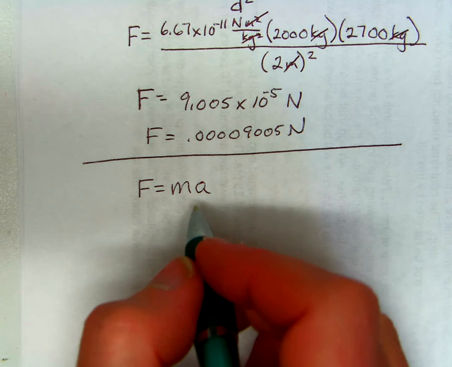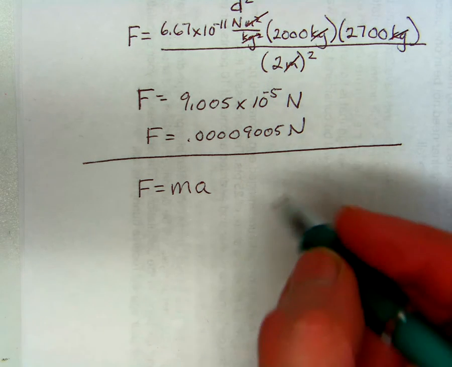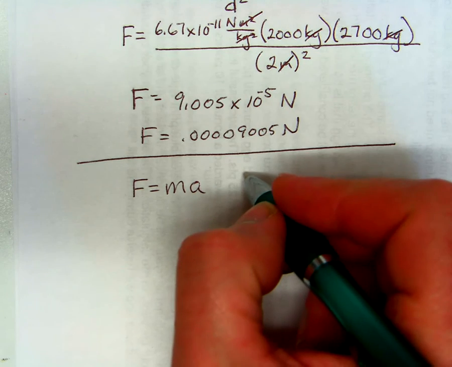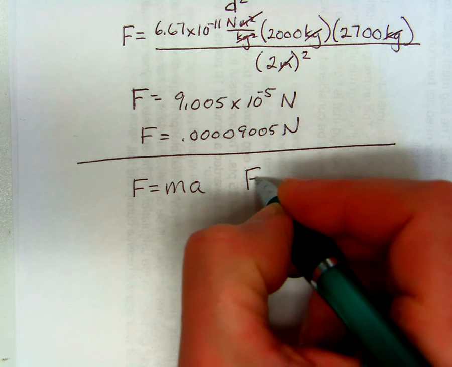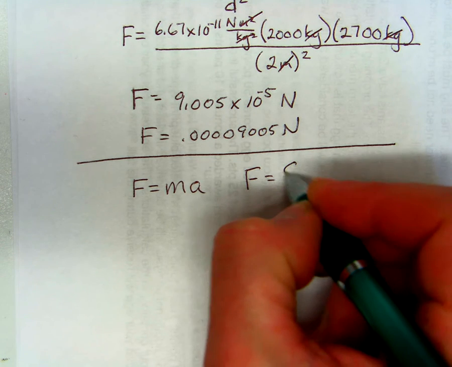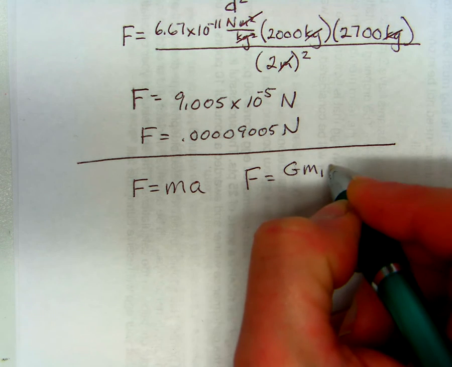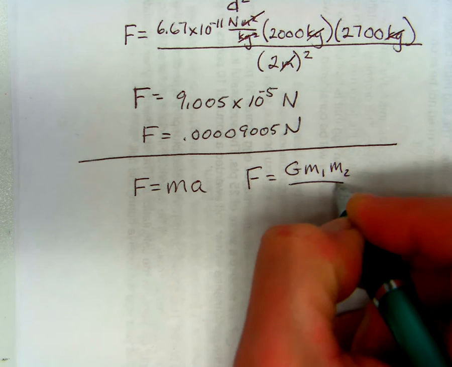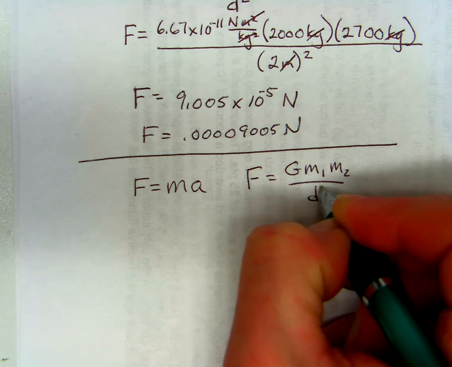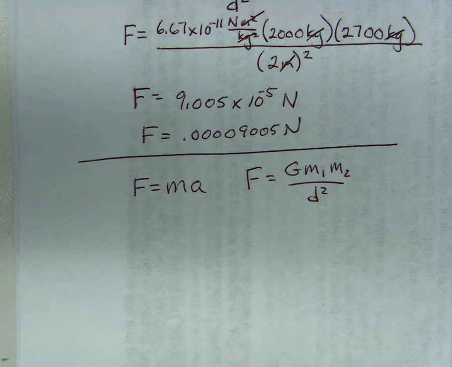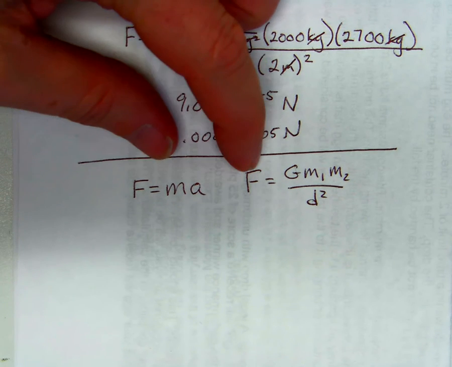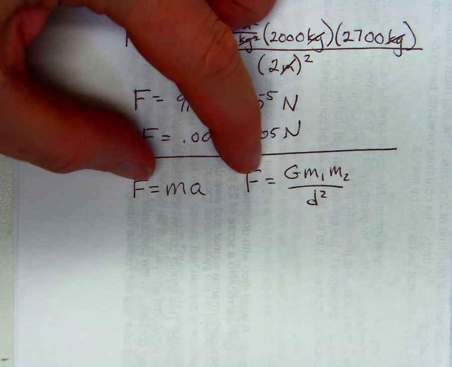That gives you the effect of what happens with the force. If that force happens to be gravity, then our gravitational force is G m1 m2 over d squared.